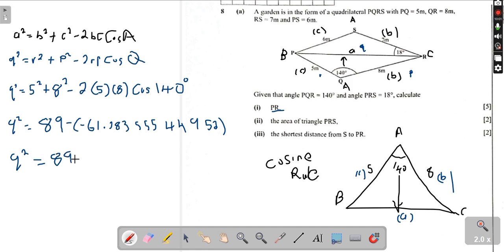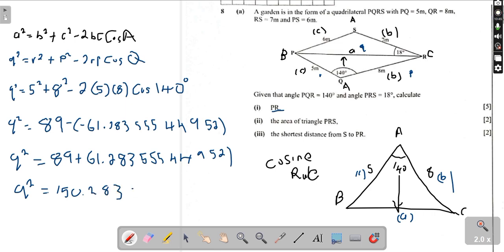So this is going to be 89, this becomes plus 61.28355544952. Then we add everything. So I'm getting 150.28355544952.